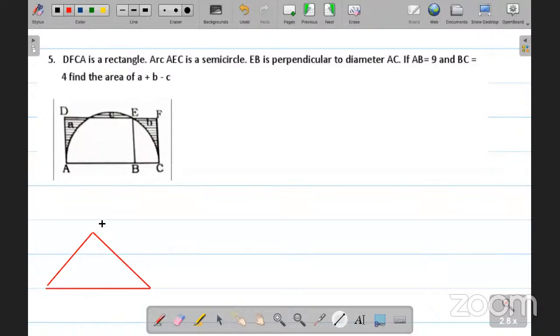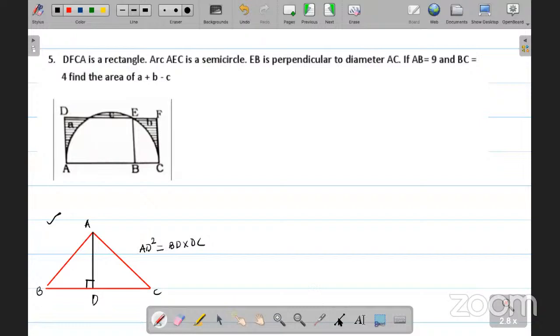If you have a right angle triangle ABC that is right angled at A, and from A you drop a perpendicular D on BC, remember, by similar triangles, you can prove AD square is equal to BD into DC. This is a property that you will require in order to solve the question, right? AD square is equal to BD into DC.